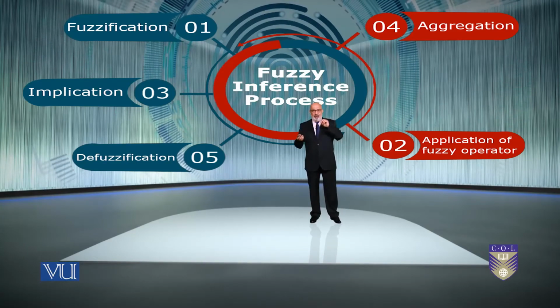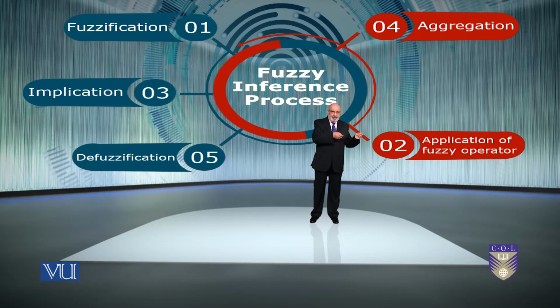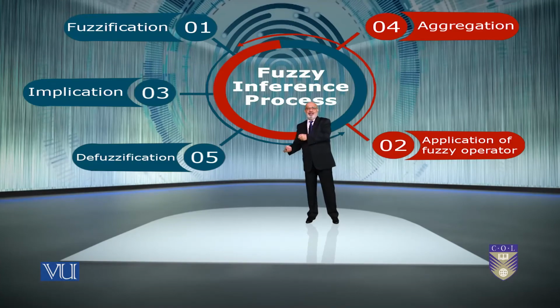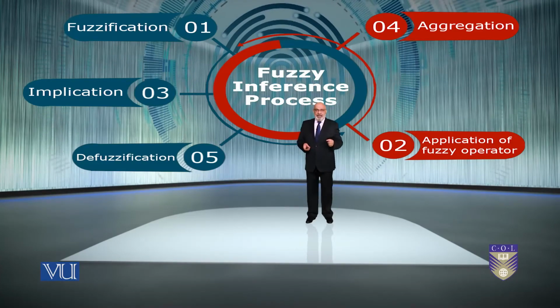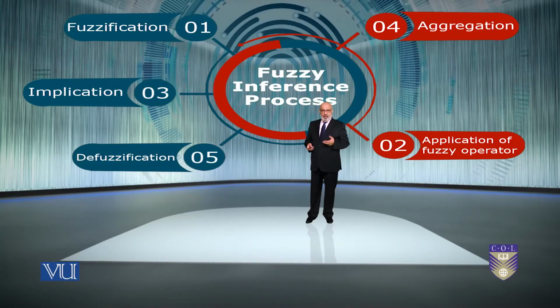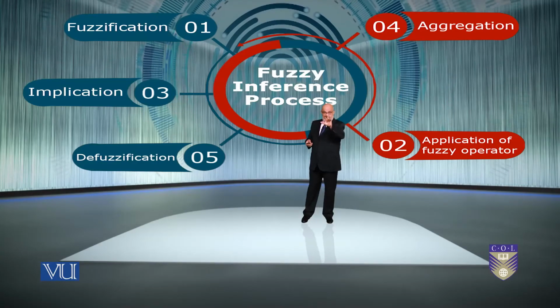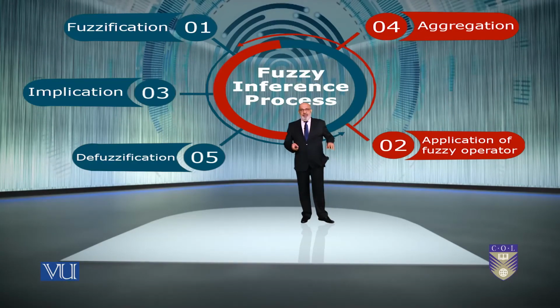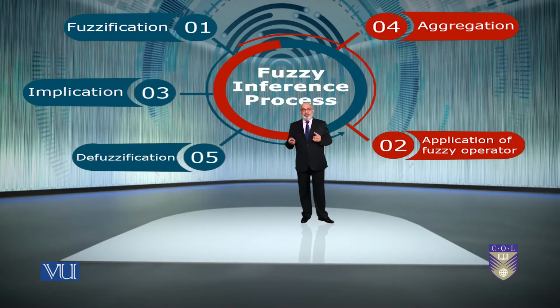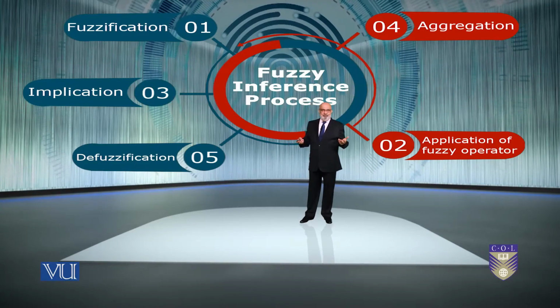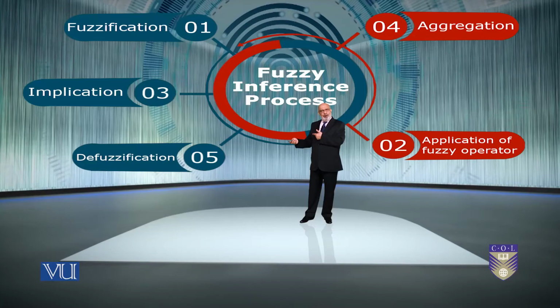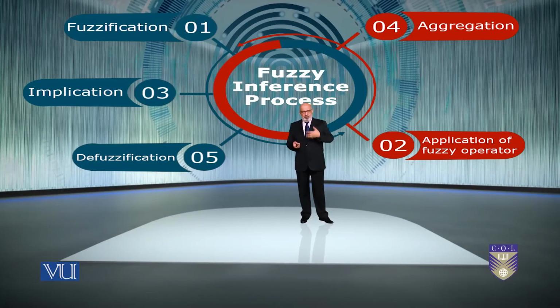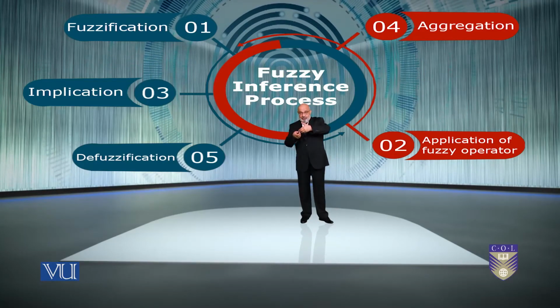What happens if this is the antecedent, the left hand side, then this is the consequence of that. That's what we call implication. Remember the if-then rule. So this implies that. Then the aggregation of consequences if there are multiple rules. If there's only one rule, you go ahead. If you have multiple rules that can be applied, you aggregate them, put them together.